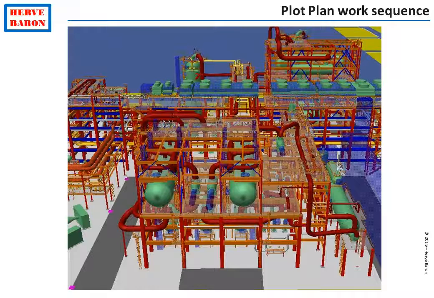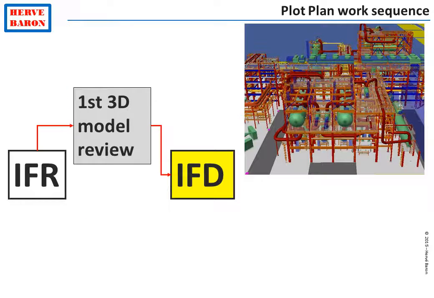The purpose of the first or 30% model review is to freeze the plot plan. Once the first model review with the plant owner has been held and any changes have been incorporated in the unit plot plan, it is issued for design, IFD.